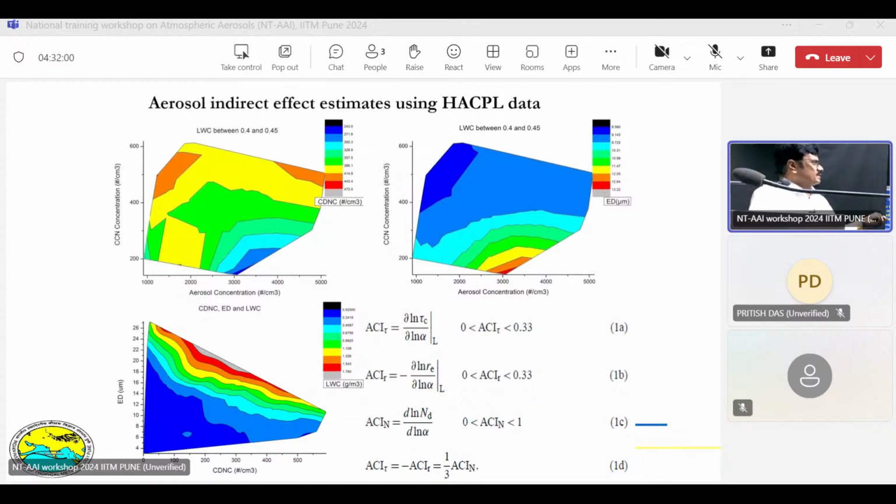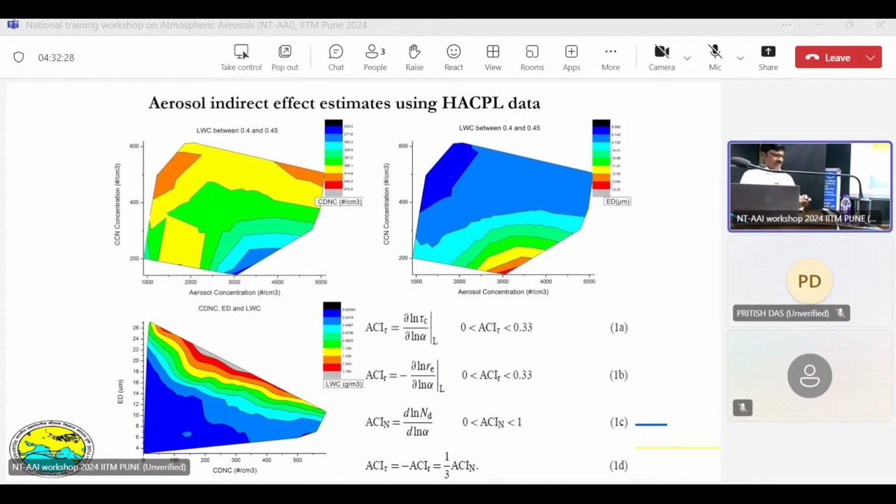So in this case, this is for a given liquid water content. What is the relative change in droplet effective radius? Yesterday, they talked about the effective radius. If you know the drop size distribution, you can also calculate the effective radius of the drop size distribution. It's the ratio between the third moment and the second moment.